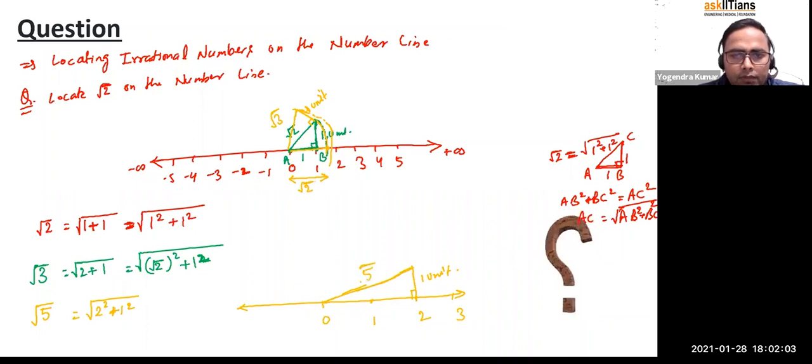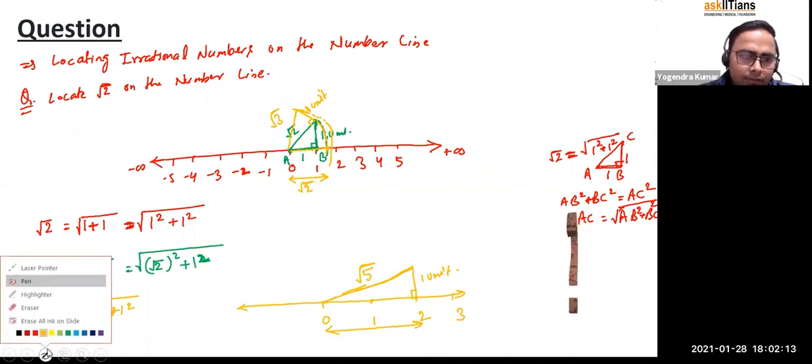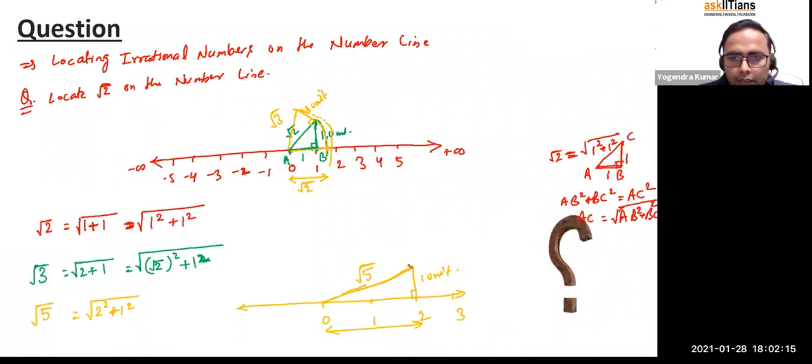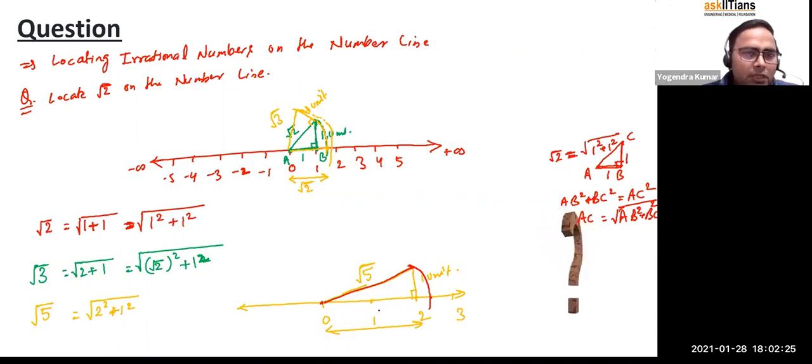This is root 5, because it is nothing but 2 square plus 1 square, right? Now you need to make the arc, which will be like this, so that is going to be almost 2.3. This is how we are going to locate irrational numbers on the number line. I believe it makes sense.